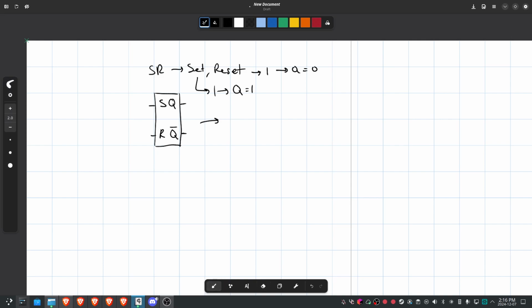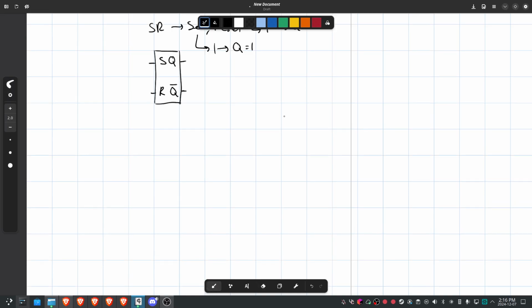You will also have the gated SR. The gated SR has 3 inputs. You have the S, R, and in the middle you have the clock.